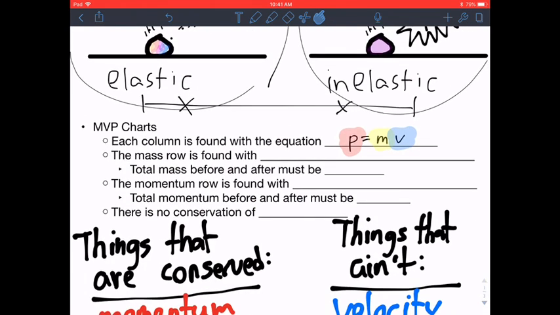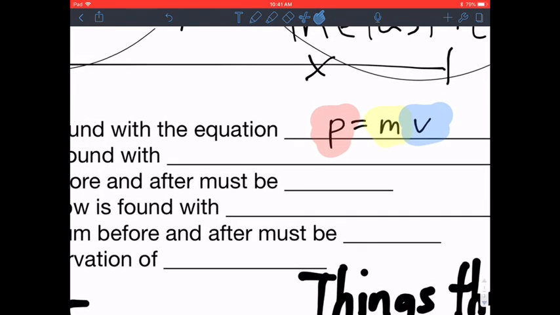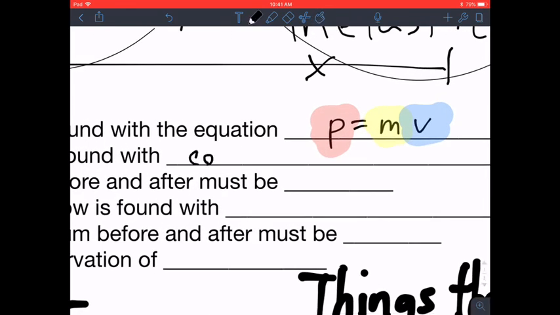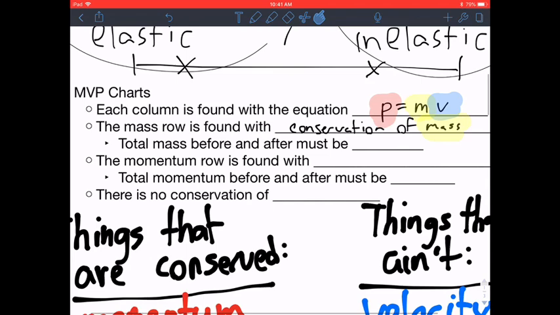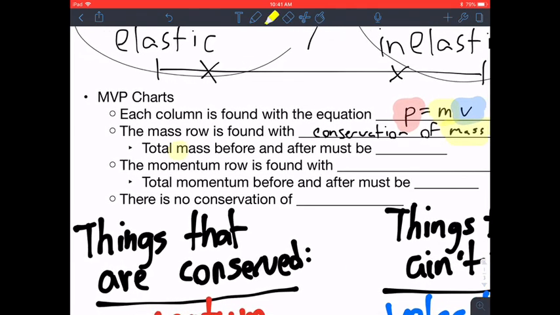So the mass row is found with a rule called the law of conservation of mass, which tells us that the mass before and after an interaction is always equal. Total mass before and after must be constant. Okay, so in the mass row, the total mass before and total mass after is going to be equal.